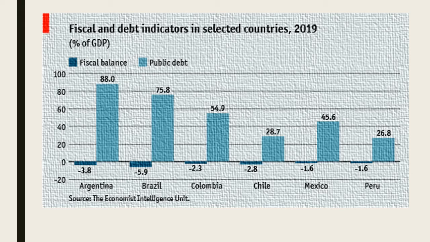This is an example of fiscal and debt indicators in selected countries in 2019. According to the graph, you all can see fiscal balance and public debt.